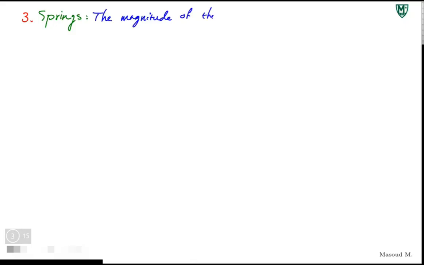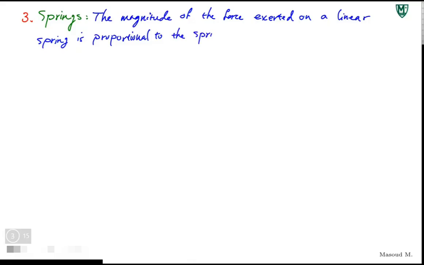So the magnitude of the force exerted on a linear spring, the reason I put linear here is you don't need to be worried about nonlinear springs, a linear spring is proportional to the spring elongation or compression.